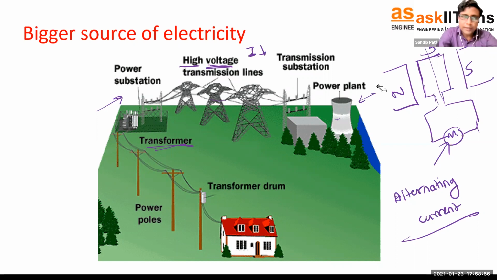There are two types of transformer, right? One is called a step up transformer, and one is step down. Up means what? Increase. Simple, right? So step up means increase the voltage. Step down means decrease the voltage. Very simple to understand, right?